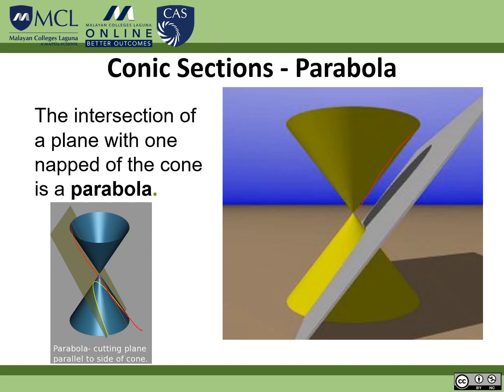And this is the result. This is the conic section that we can create by cutting in this orientation of this plane. So this is what we call the parabola.